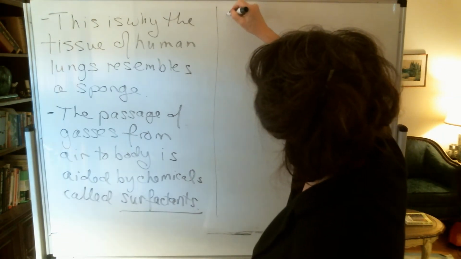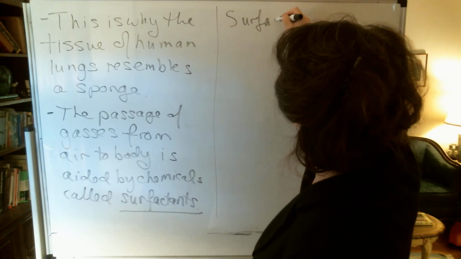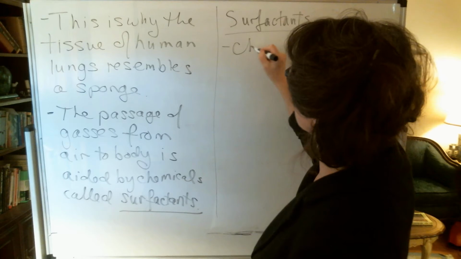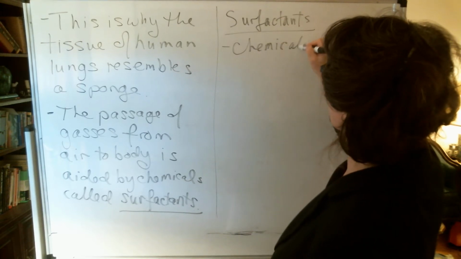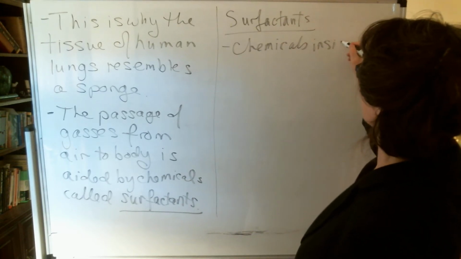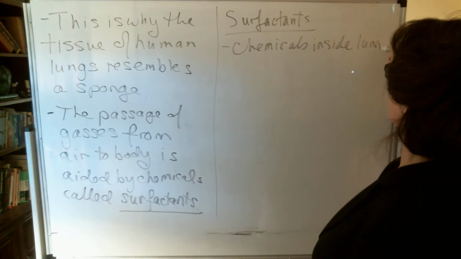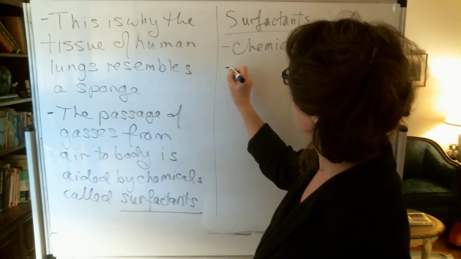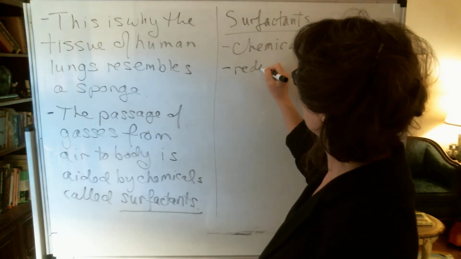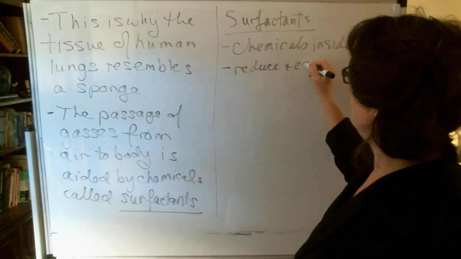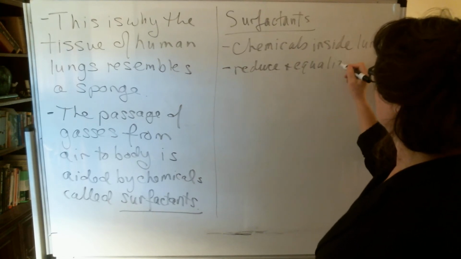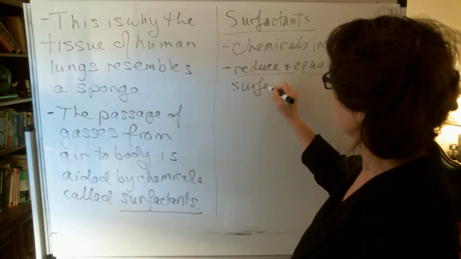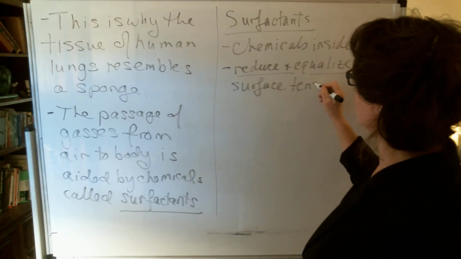So the surfactants then are chemicals inside the lungs and what they do is they reduce and equalize surface tension.